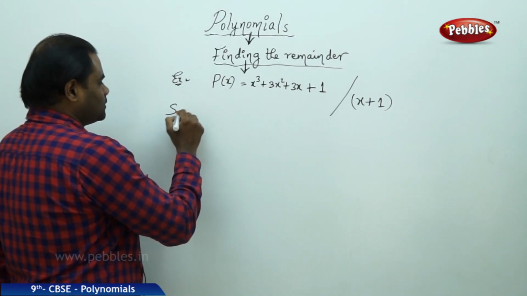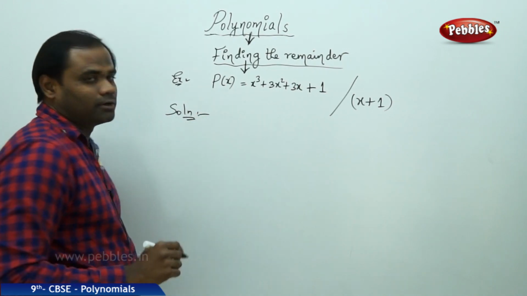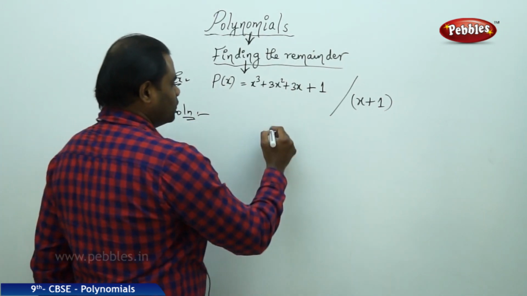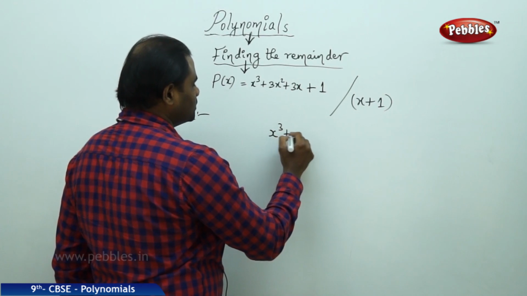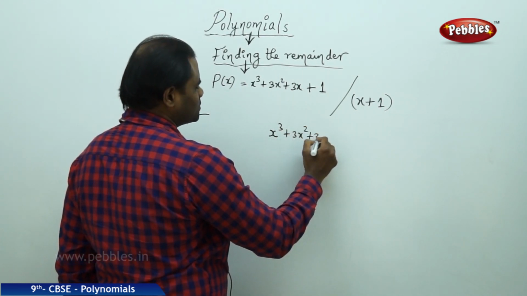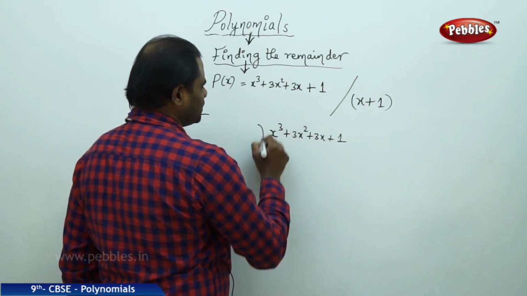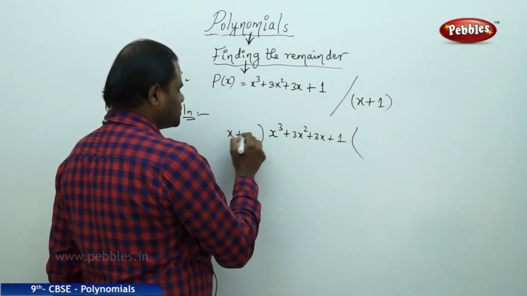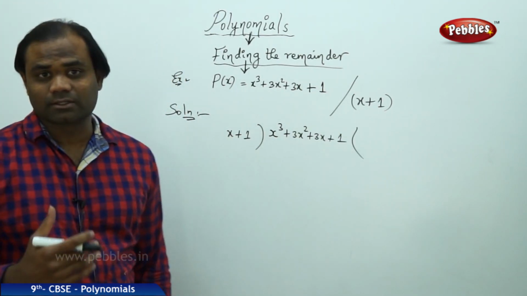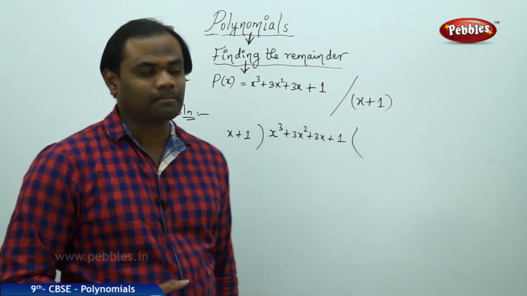As we know, the long division method for dividing polynomials has the dividend taken in the middle, x cubed plus 3x squared plus 3x plus 1, and the divisor taken on the left. That is how we start the construction process.